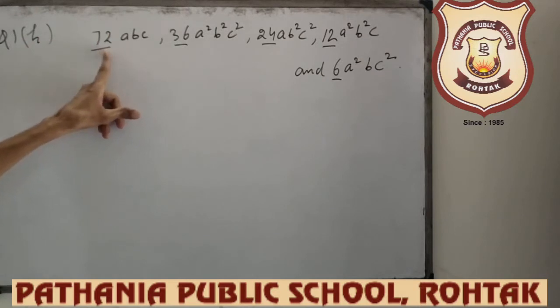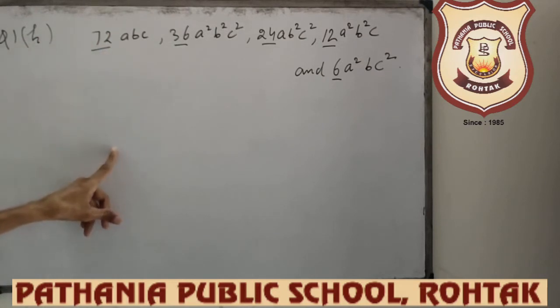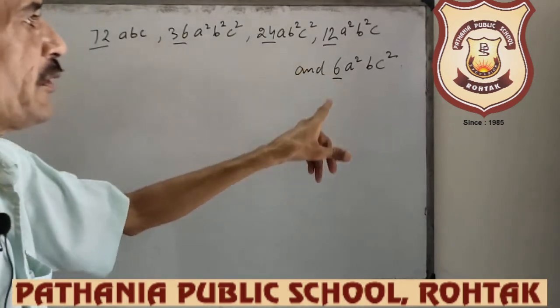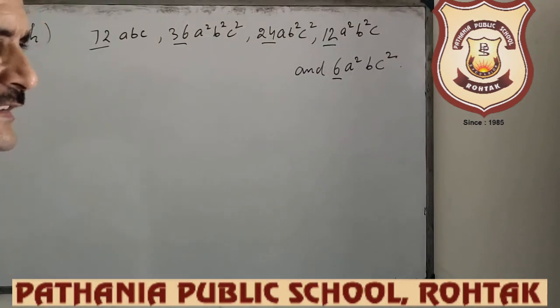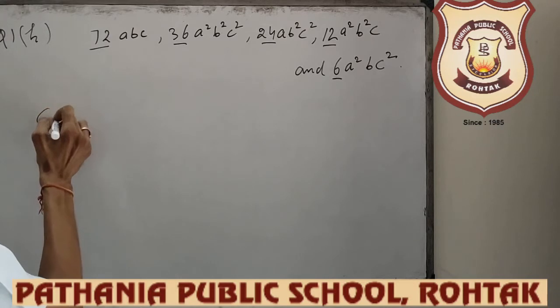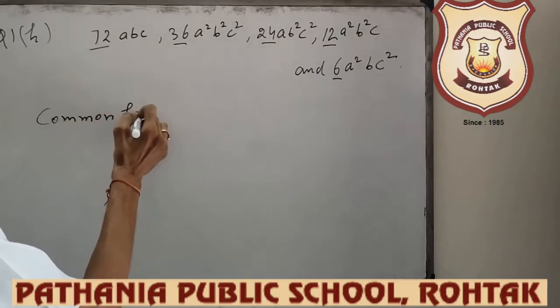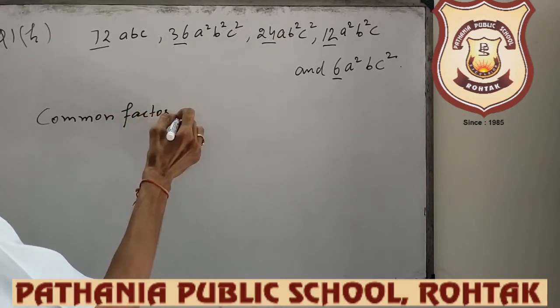So either you can write the prime factors of 72, of 36, 24, 12 and 6 in this way, or you can find the largest number which divides all the numbers. So I am writing the common factors directly.